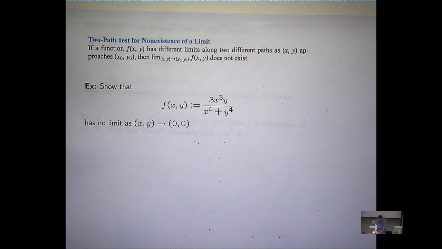You know, in first year, you might say, show that the following limit doesn't exist, say x approaches 2 or something. Well, you look at the limit as x approaches 2 from the left, you look at the limit as x approaches 2 from the right, and you show they're not equal, or they don't exist. This is a generalization of that sort of left and right-hand limit test.